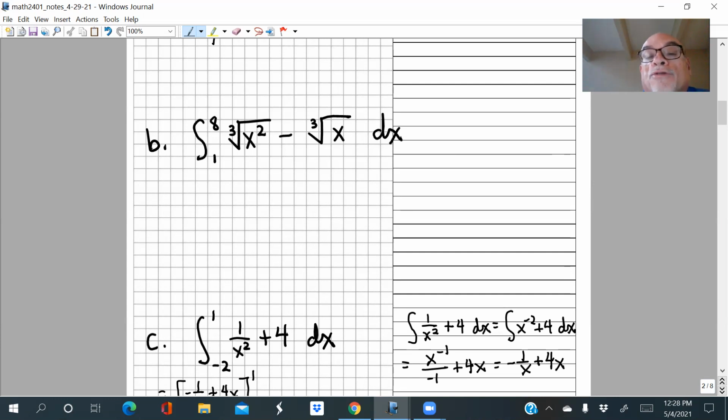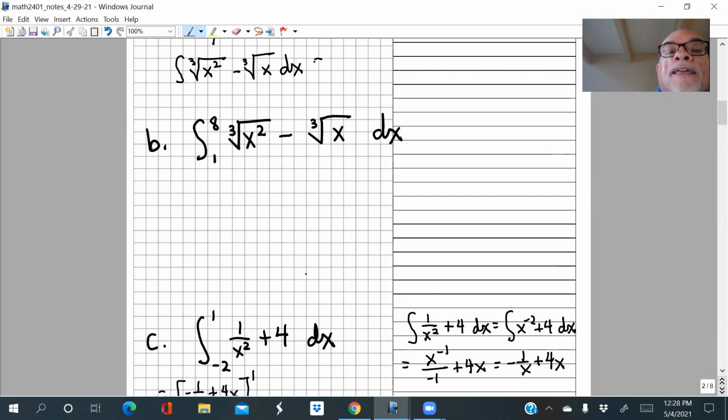So in other words, what you're going to do here is take the limits of integration off and calculate this indefinite integral. In other words, find this antiderivative.